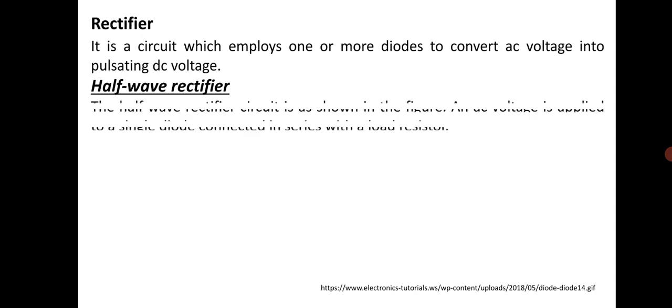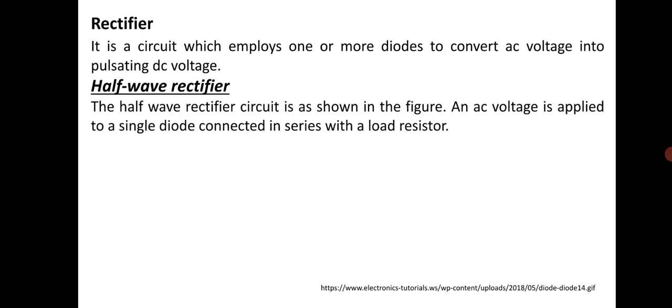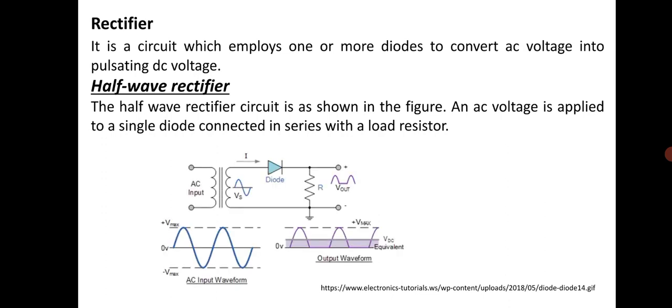The half wave rectifier only rectifies the half wave of the input, as shown in the figure below. You can see the figure of the half wave rectifier here. The AC voltage is applied to a single diode connected in series with the load resistor. Here in the diagram you can see the input AC is connected to the primary of the transformer.